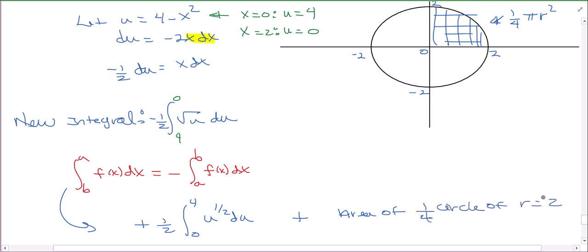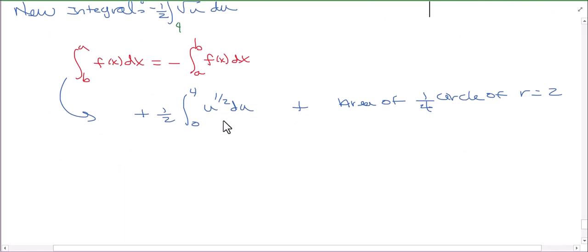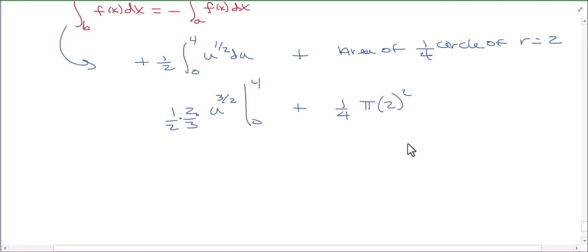of radius 2. So let's see, antiderivative of this, add 1, so this will be u to the 3/2 times 2/3, and then we still have the 1/2 out here, from 0 to 4, plus 1/4 pi r squared. And so my 2's cancel, so we're left with just what, 1/3.